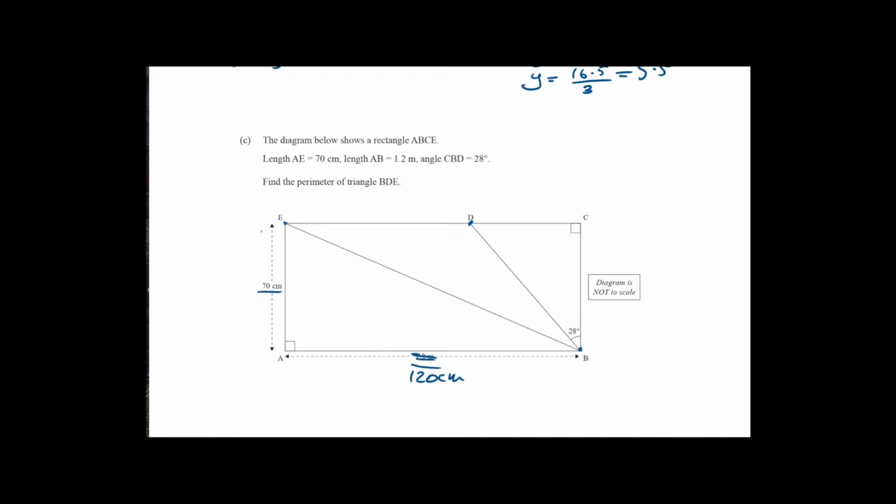All right, so let's find this side here first. And this is obviously a right angle triangle, so we can use Pythagoras' theorem. So the side EB squared is going to be equal to 120 squared plus 70 squared. So I'll grab our calculator.